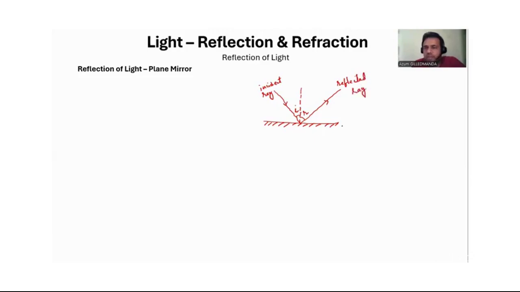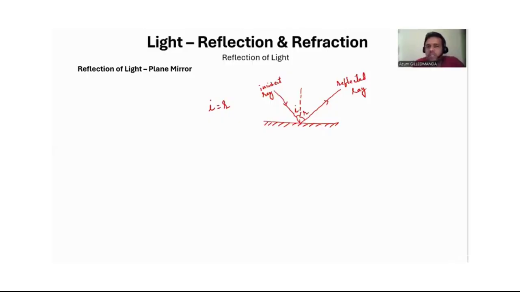Hope you're following. So in a plane mirror, the angle of incidence, I, is equal to the angle of reflection, R. In a plane mirror, the total light that falls on the mirror gets reflected back into the same medium.